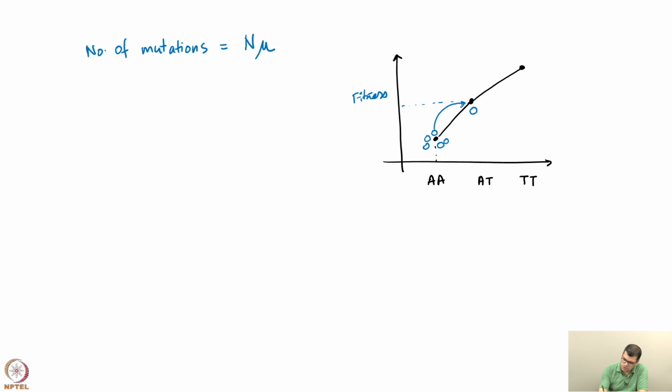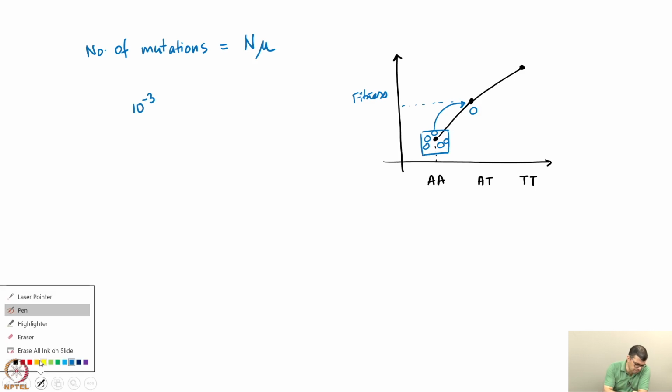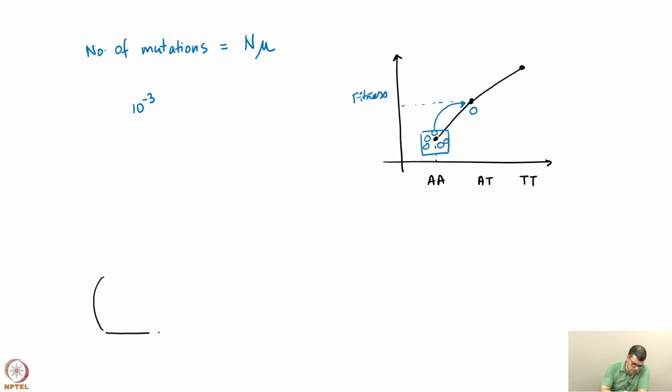But we saw that in every replication that is happening in this population, the chance that any error will happen is 10 to the power minus 3. Remember that if this is the genome of the organism, then there is only this location where there is AA.